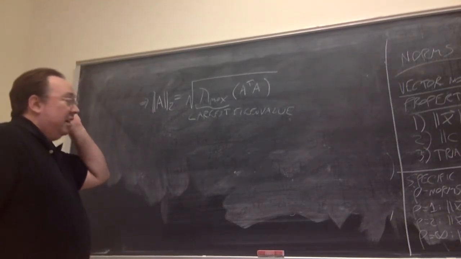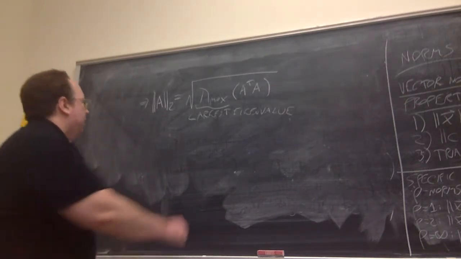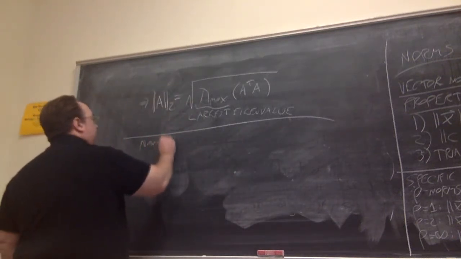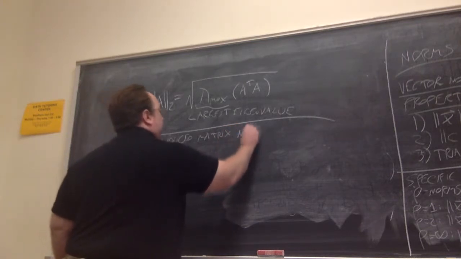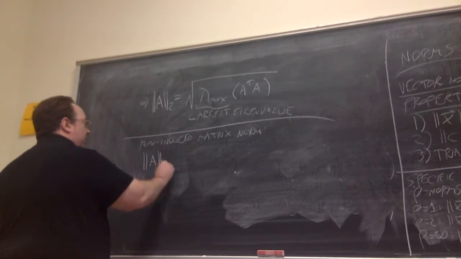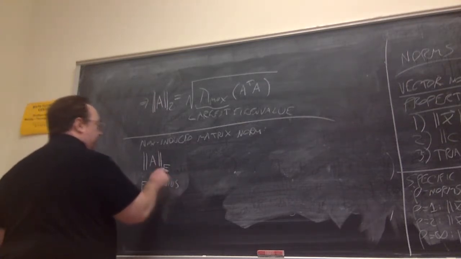Okay. All right, so now there's one other matrix norm that is not an induced vector norm, and thankfully a lot easier to compute. The Frobenius norm. We use a subscript F here.